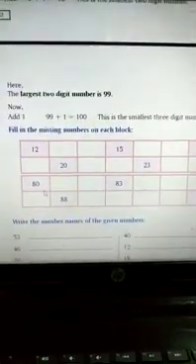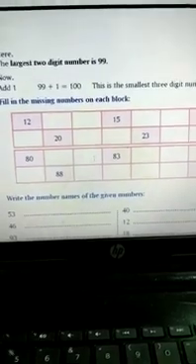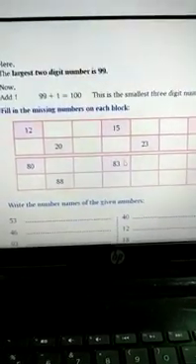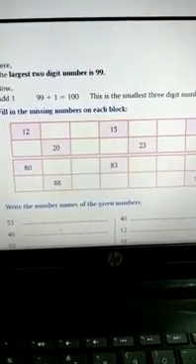What will come here? 80, 81, 82, 83 is given, 84, 85, 86, 87, 88, 89, 90, 91, 92, 93. Clear everyone? So this is the missing number. So you have to practice the numbers if you all have forgotten.